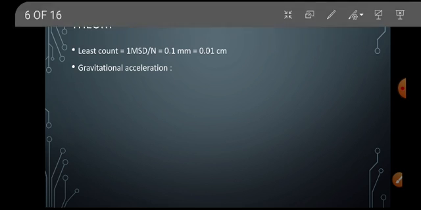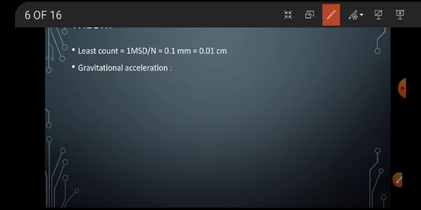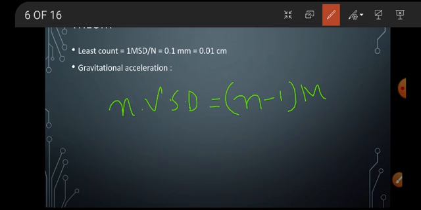So here, n Vernier scale divisions are equal to n minus 1 main scale divisions.